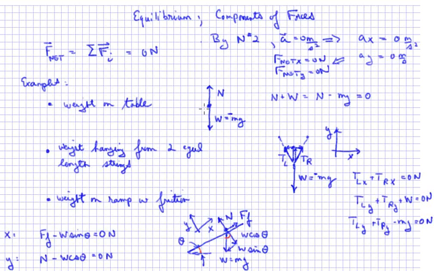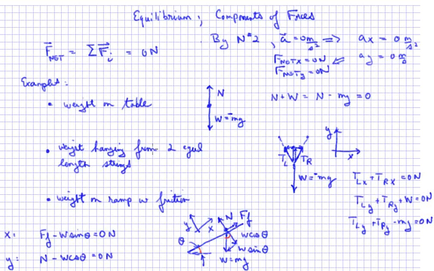The physics of this is that the weight is pushing down the molecules of the table, which you can visualize as little springs, and it's distorting the springs downward, and the result is there's an upward force on the weight. The equilibrium condition can be stated as N plus W is equal to N minus mg, which is equal to 0. In other words, these two are equal and opposite.